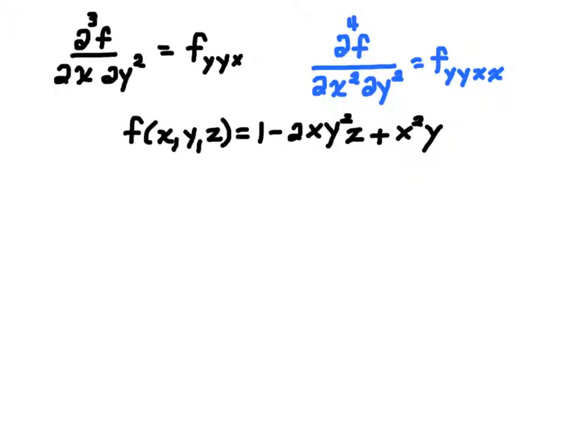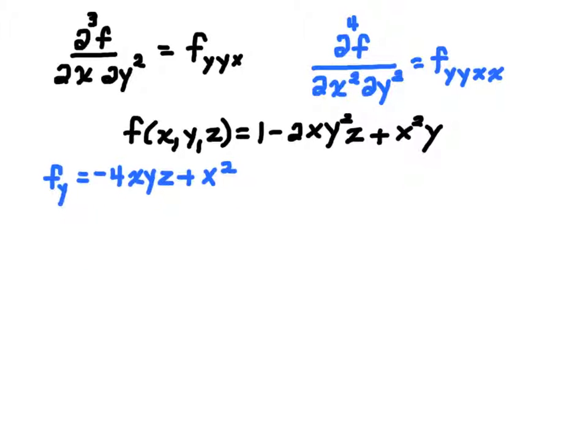So now let's find the partial derivative of f with respect to y. Remember, we're differentiating with respect to y, so everything else is considered like a constant. And this is going to give us negative 4xyz plus x squared.